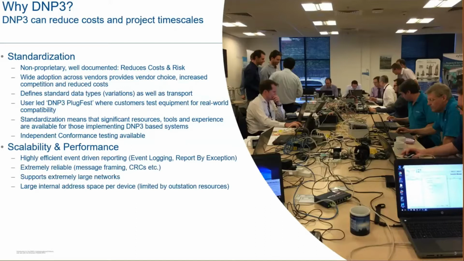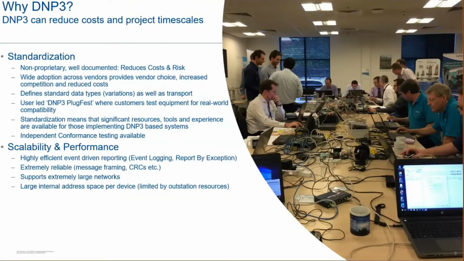Also, in the business we're in, scalability and performance are highly important. The protocol includes event-driven reporting, so data changes are detected and then they can be transmitted by exception. It's extremely reliable. The electrical industry, like the oil and gas industry, deals with a lot of poor quality, low bandwidth networks.